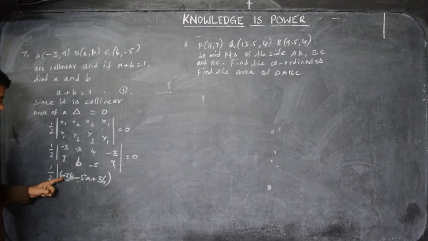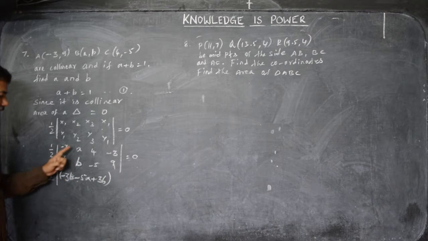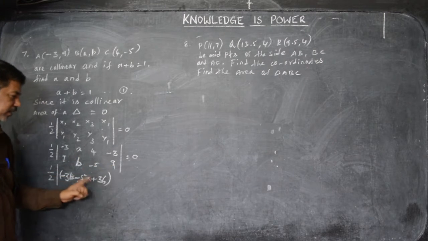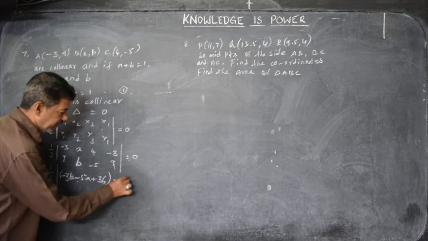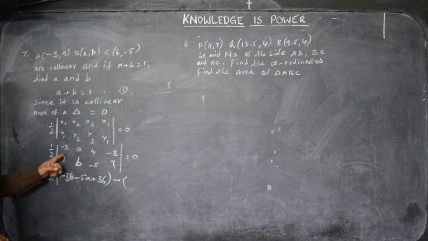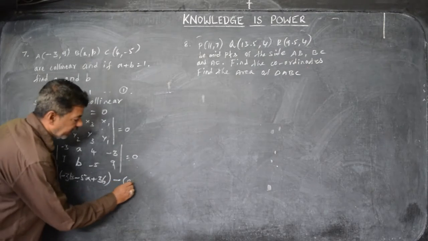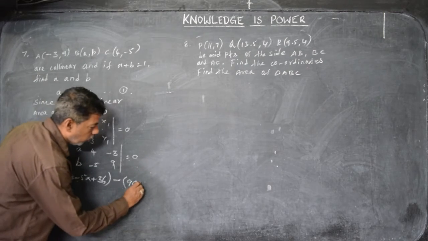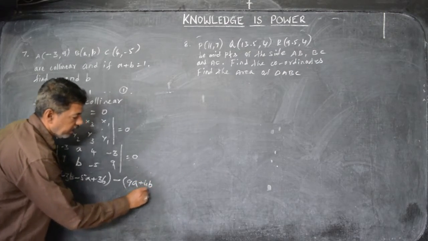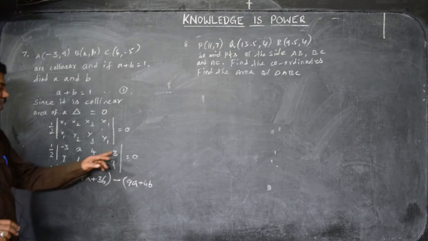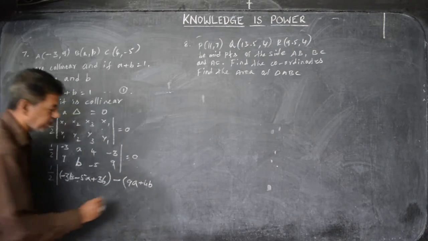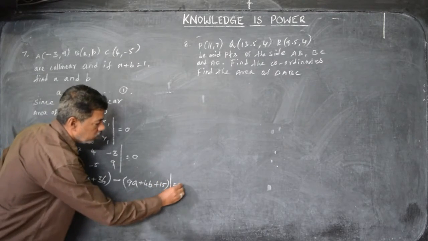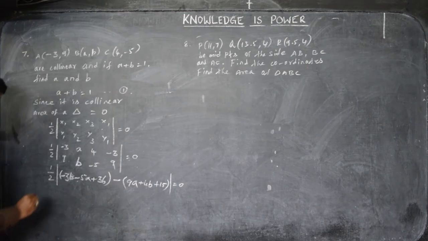So 3 into B, minus 3B, A into 5, minus 5A, 4 into 9, 36, minus, again 9 into A, 9A, B into 4, 4B, plus 4B, 5 threes are 15, minus into minus, plus 15, equal to 0. Now you reduce this.